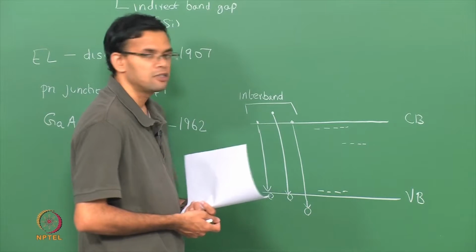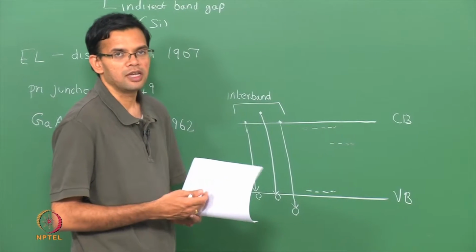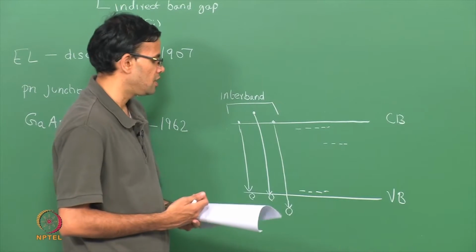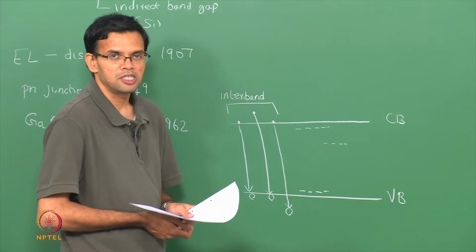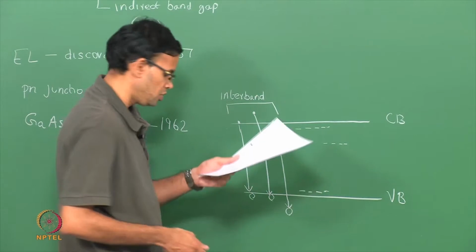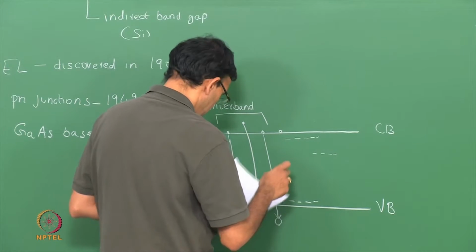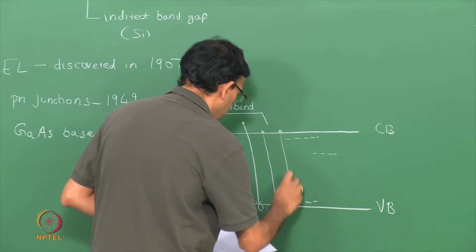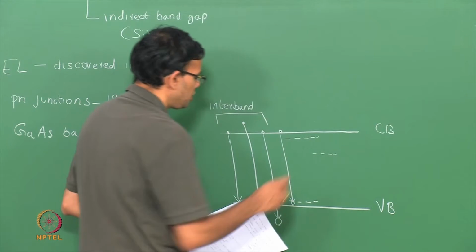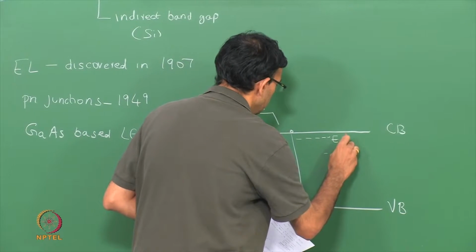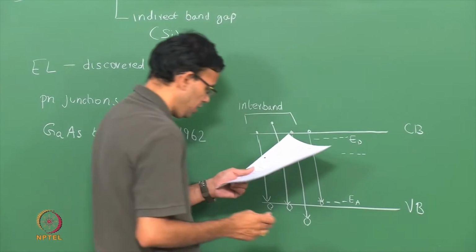So, if you have electron hole pairs that are generated, then these electrons and holes can get trapped in these defect states and then recombine. Those kind of transitions are called defect transitions. So, I can have an electron in the conduction band recombining with a hole in my acceptor state. So, I will call this ED, which is my donor state, EA is my acceptor state.